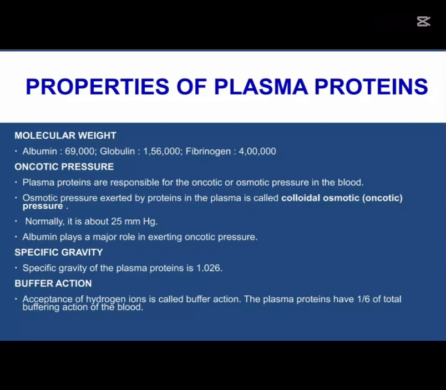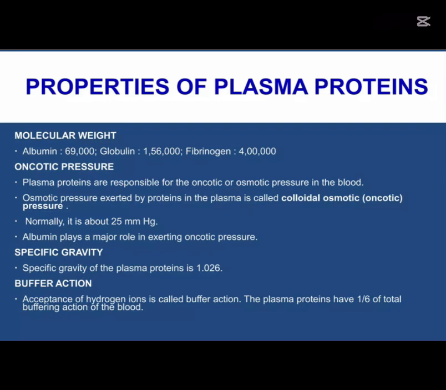The next one, after molecular weight, is oncotic pressure. Oncotic pressure is the pressure that is exerted by our plasma proteins in the blood. The weight the plasma proteins exert on the blood as they move is called the colloidal oncotic pressure, and it's about 25 mmHg.